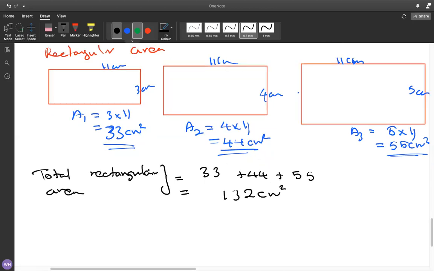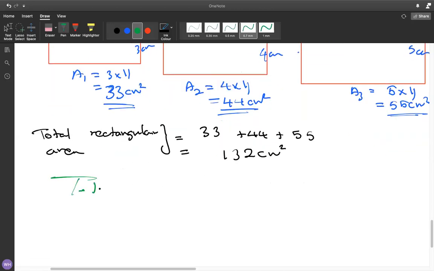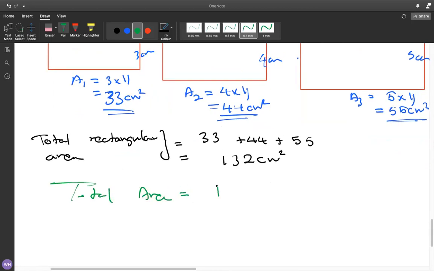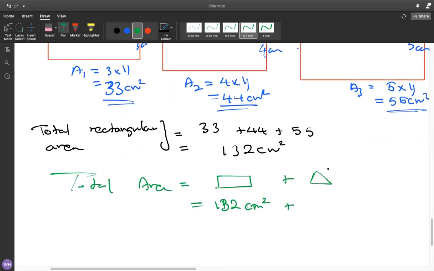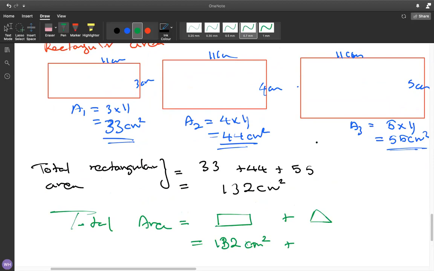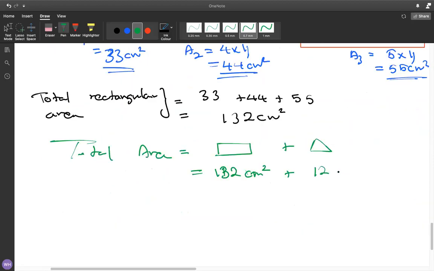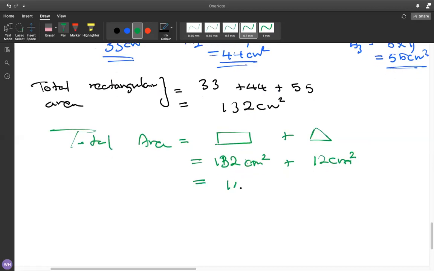Okay. Now you guys can find the total area. The total area will be equal to the triangular area plus the rectangular area. So we have found that the rectangular area is 132 in square centimeters, while the triangular surface area is 12 in square centimeters. So once you take the sum, it will be 144 in square centimeters.